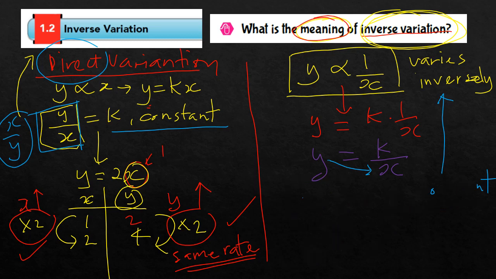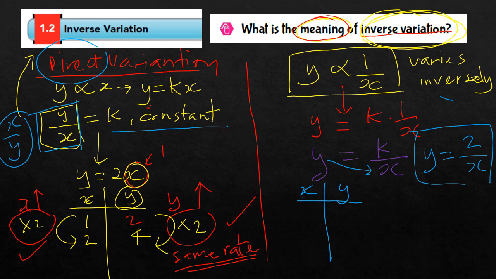let's say this is your x, this is your y. Let's say you have an equation y equals 2 over x. This is the inverse variation, 2 over x.